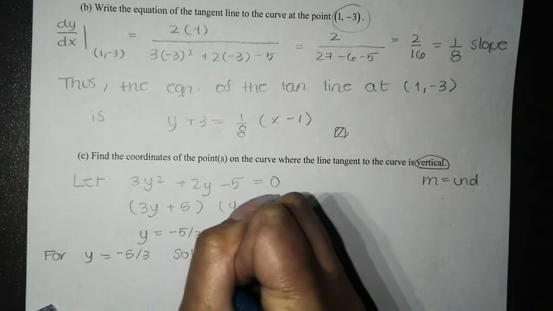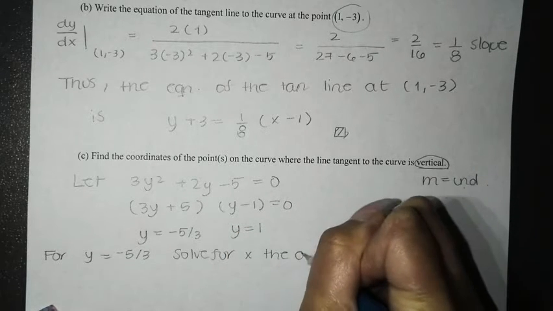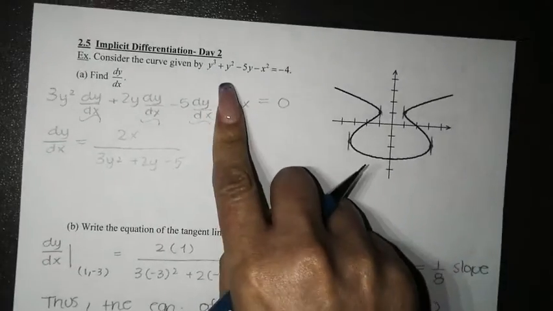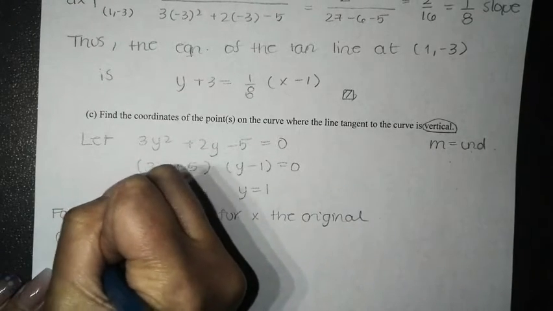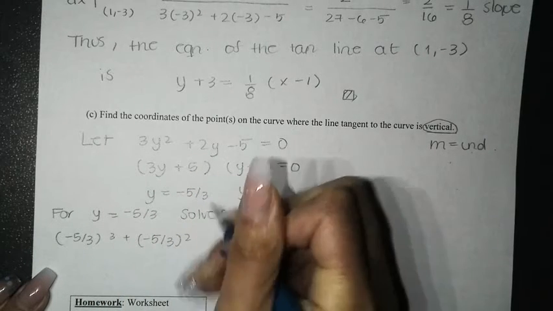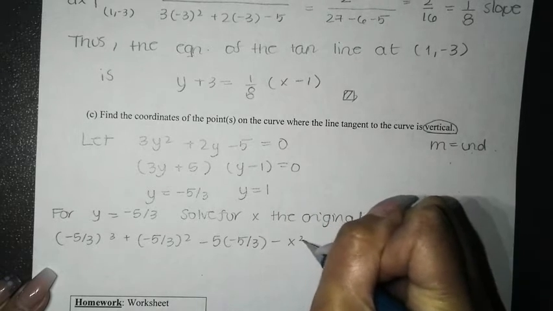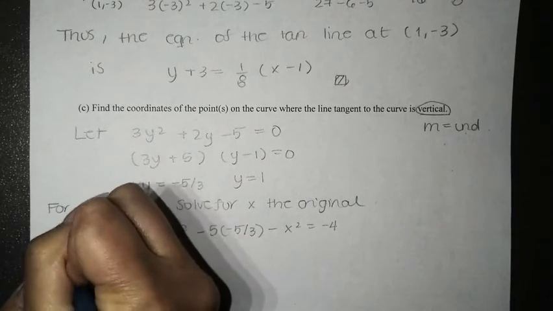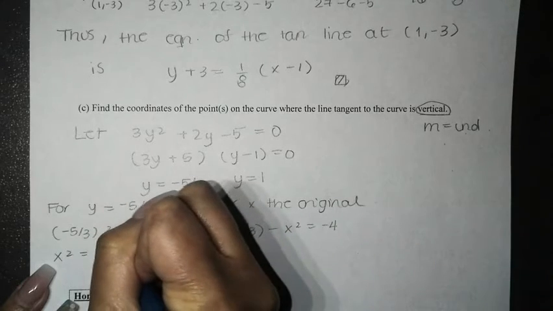So this is your original: (-5/3) cubed plus (-5/3) squared minus 5 times (-5/3) minus x squared is equal to -4. Obviously you are going to solve for x, so x squared is going to be equal to, passing it to the other side, all this chunk.